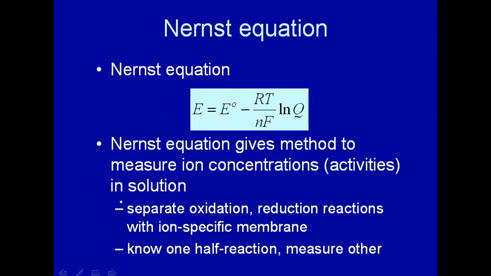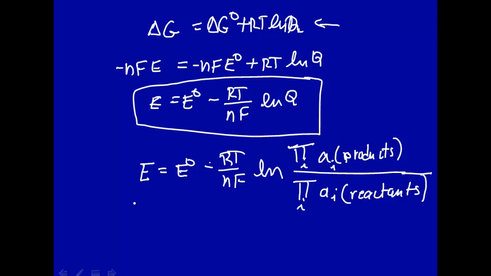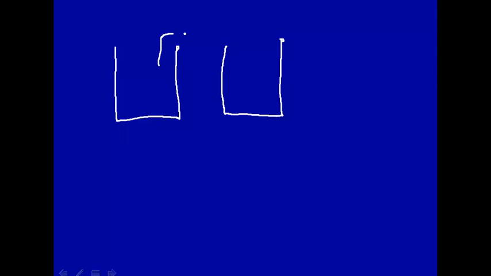So let's look at this. Separate oxidation-reduction reactions. We'll talk about ion-specific membranes in the next section when we talk about the membrane potential, but let's go ahead and do it here. This should be familiar to you from introductory chemistry. Here we have the infamous salt bridge. Here we have a solution.